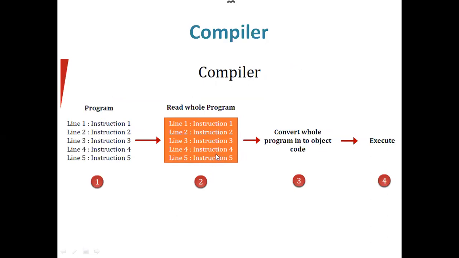By error, we mean errors in the structure or in the syntax. If there are errors, the compiler will show you the list of errors. First, you have to remove those errors, then your program will be converted into object code, and after converting into object code, it will execute it. So this is how the compiler works, and the C language also uses the compiler.